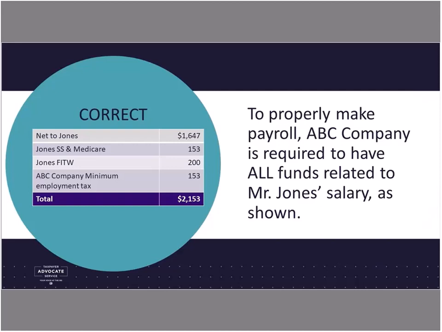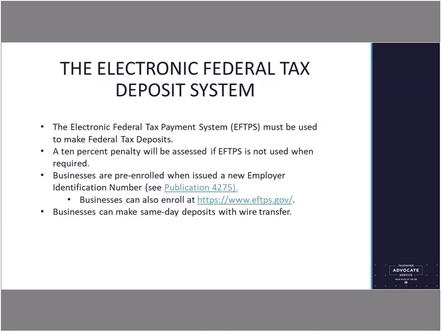IRS has an electronic system for business owners to use to make required tax deposits. It's the Electronic Federal Tax Deposit System, EFTPS, another acronym, must be used to make federal tax deposits.